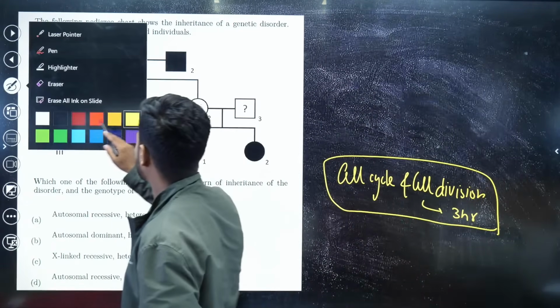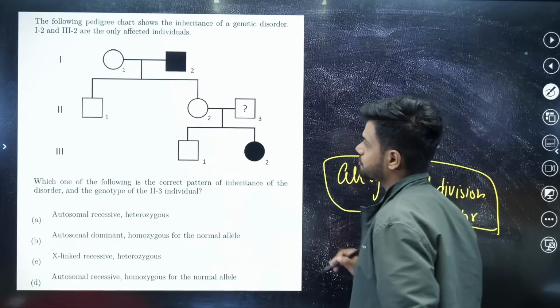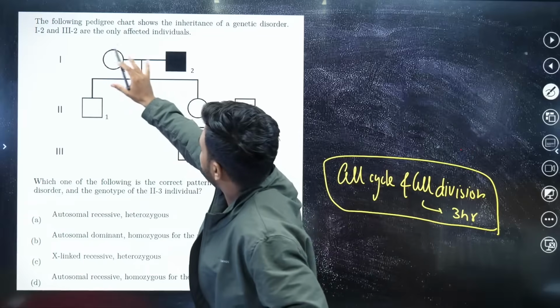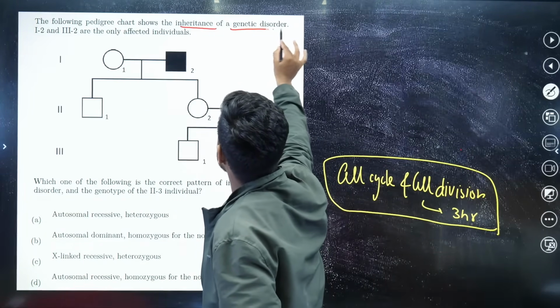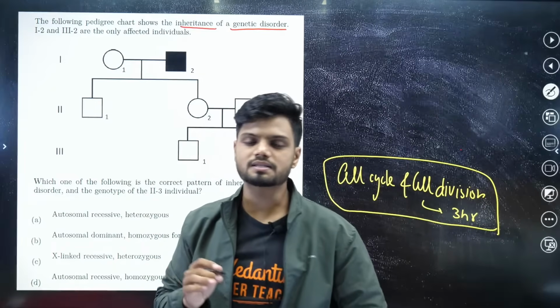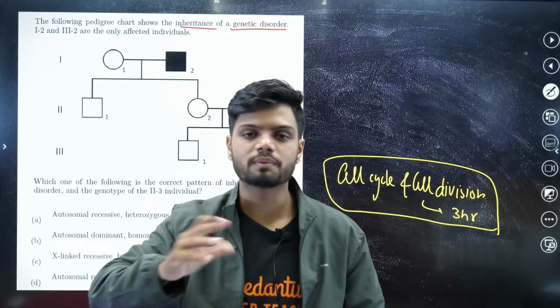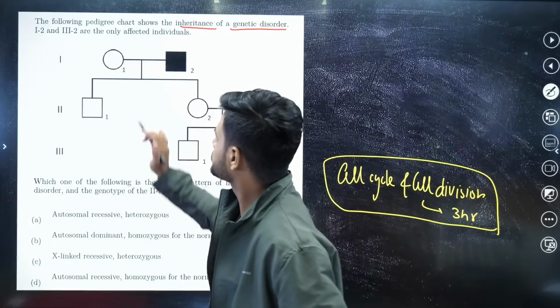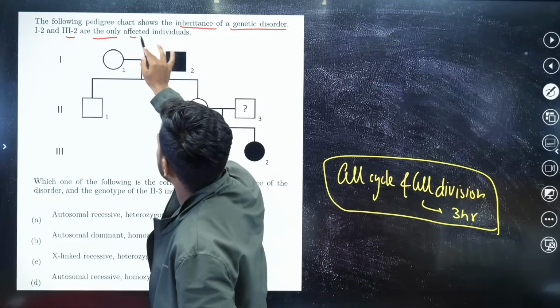This is a pedigree analysis question. The following pedigree chart shows the inheritance of a genetic disorder. Some disease is being passed from parent to offspring. I2 and I3 are the only affected individuals.